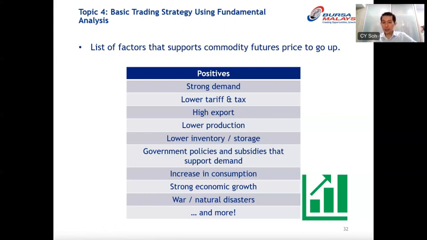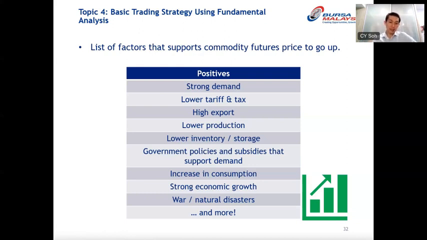Next, lower tariff and tax. When tariffs and tax on imported commodities are reduced, it can make those commodities look more affordable for consumers. So this can increase demand from foreign countries to buy FCPO from us, and this can drive commodity futures price up.